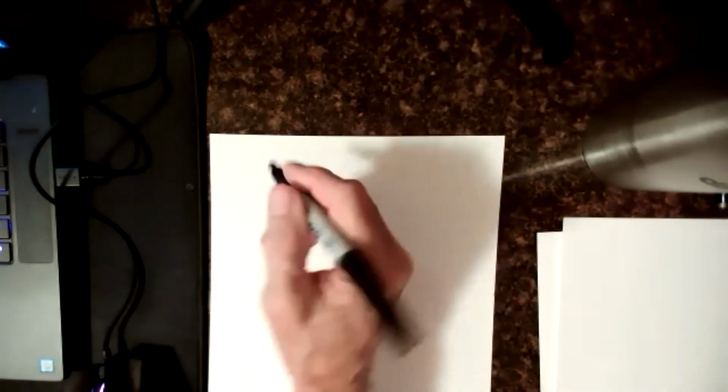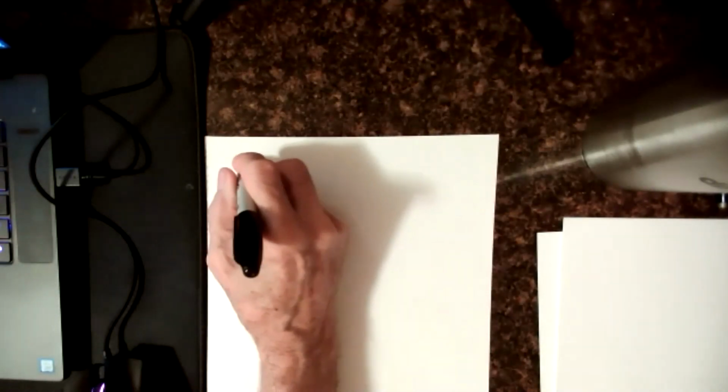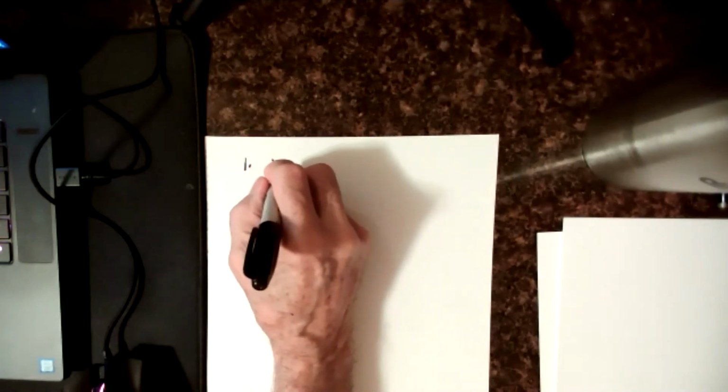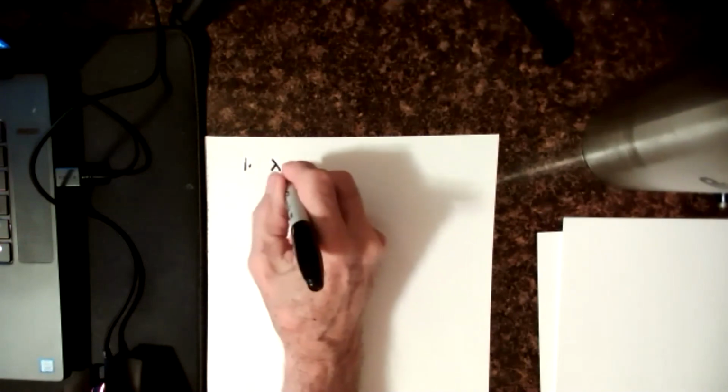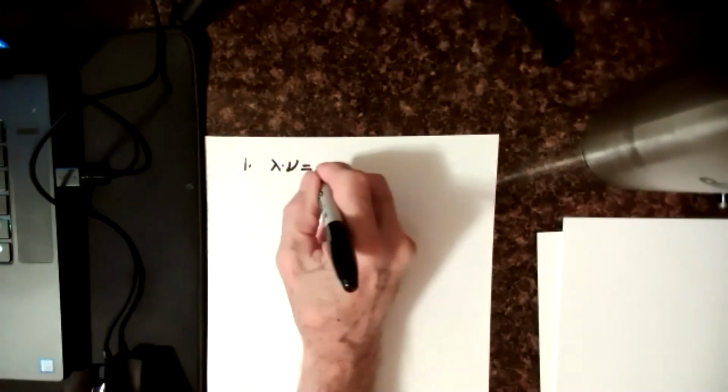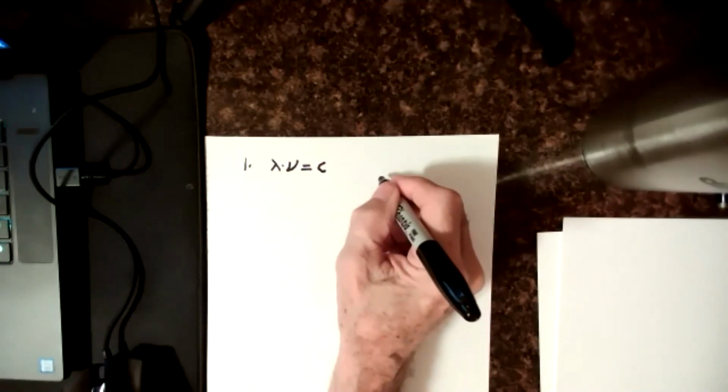Okay, here we go. So the relationship between wavelength and frequency is the wavelength lambda times the frequency nu is equal to the speed of light c.